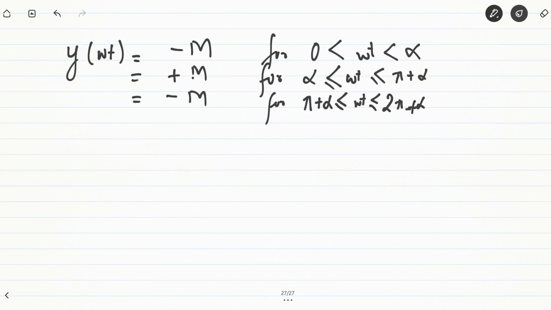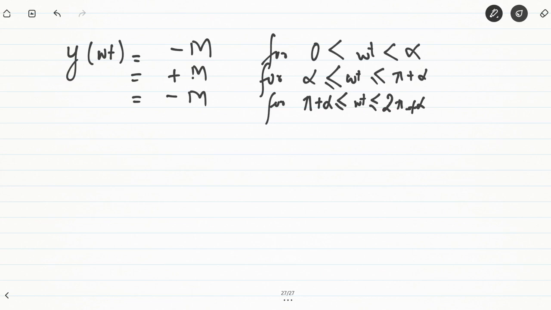In other words, when the input exceeds the value h, the band of the hysteresis loop, the output assumes plus or minus m on either side of the axis.